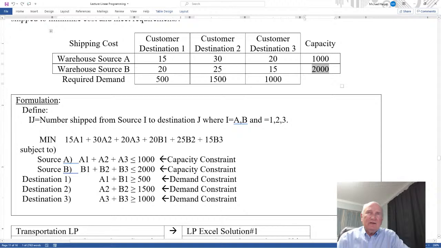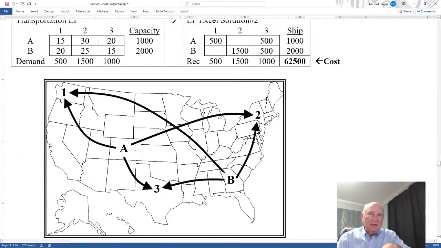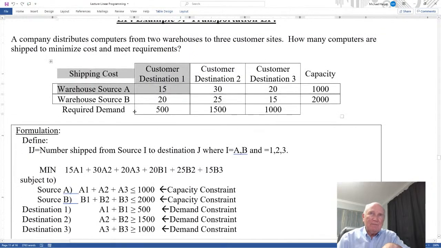Now, the 15 here: if you ship a large amount, say 100 computers from A to 1, it costs $15 per computer on average. If 100 computers were shipped from Denver to Seattle, on the average it would cost $15 per computer. But if 100 was shipped from B all the way to Seattle, it would be $20 per computer.